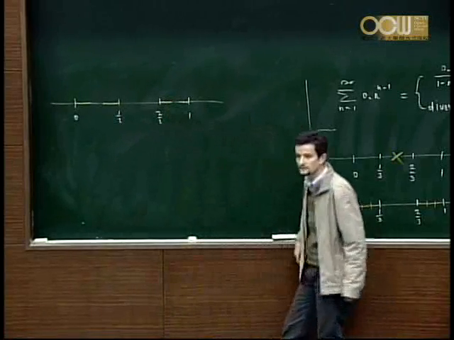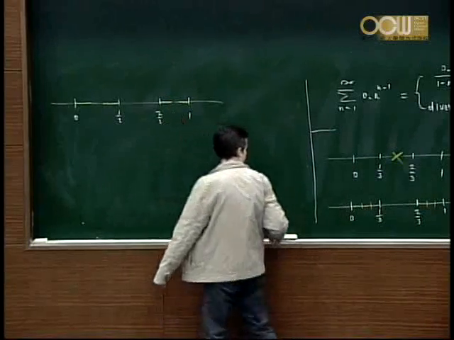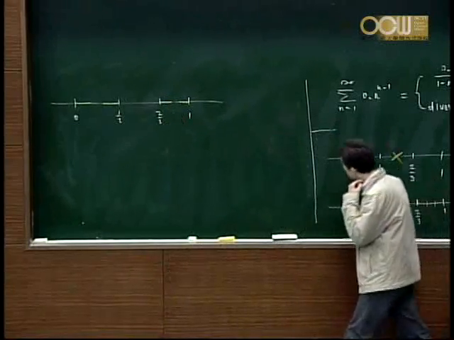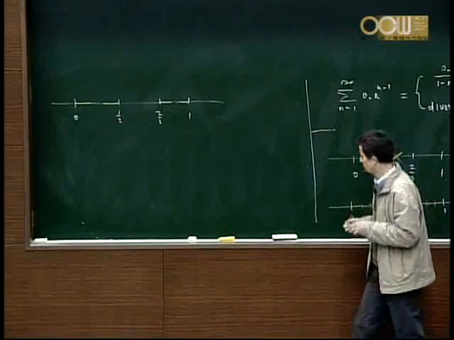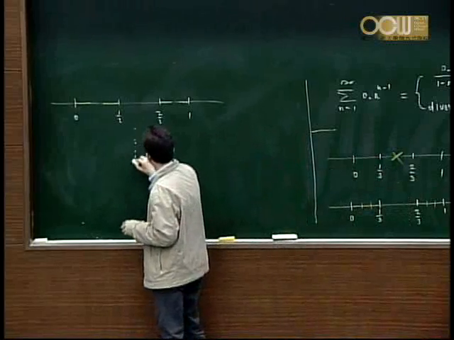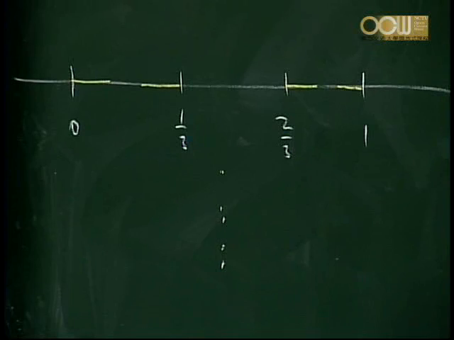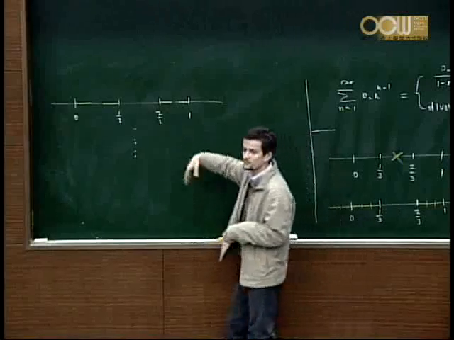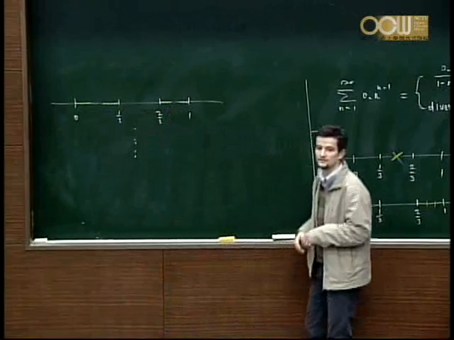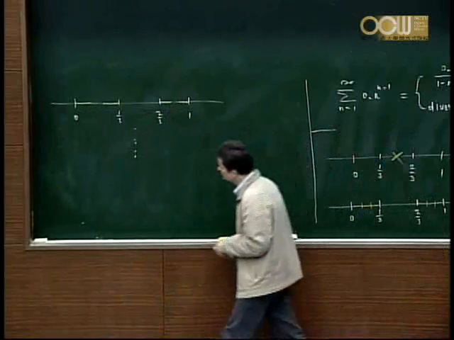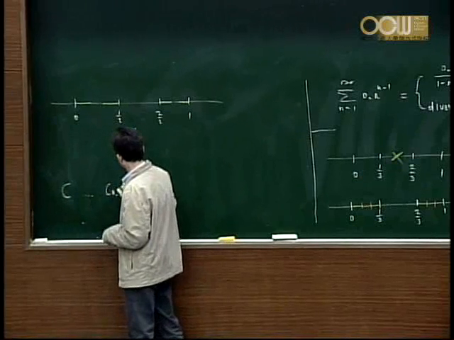Then we go on like this. You see that the set that is left is getting smaller and smaller. We go on until infinity, and the resulting set of points which are left over after you continue this process is normally denoted by C. This is called the Cantor set.